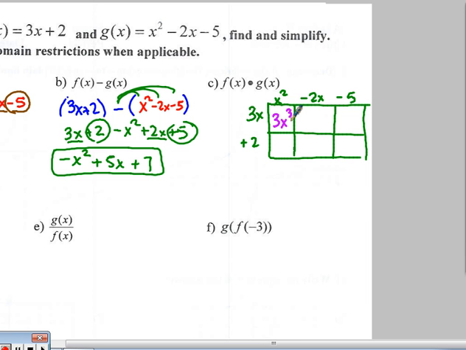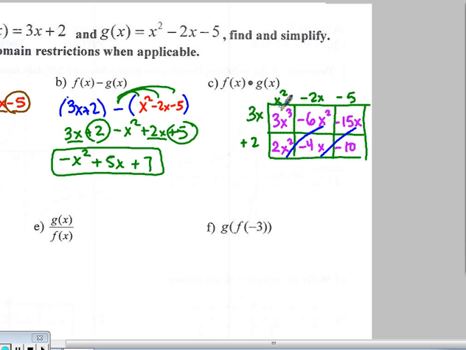x times x squared gives me x cubed. Here I multiply -6, x times x gives me x squared. Here we get -15x. I want to be careful. 2 times x squared would be 2x squared. -4x and -10. Now we want to combine our like terms. So if we look at the diagonals, oftentimes they are like terms.